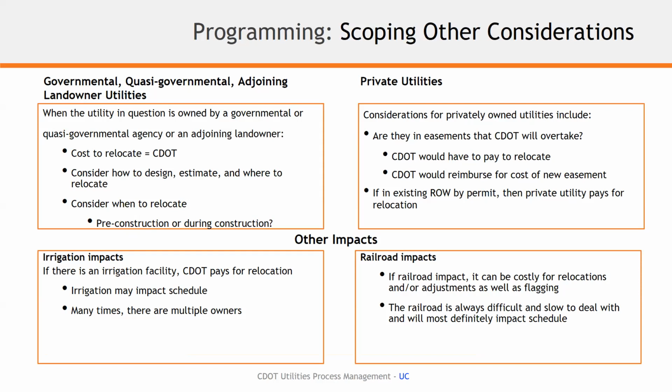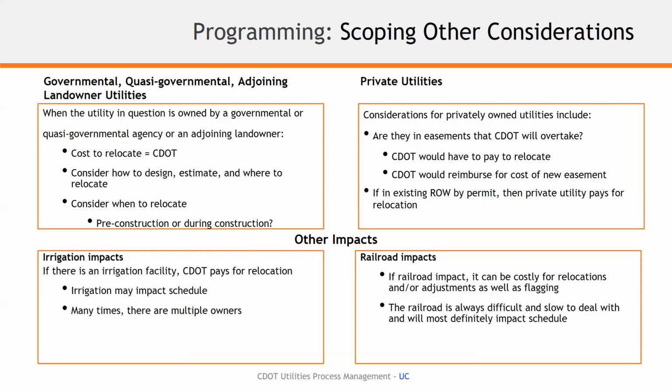Those considerations are definitely important, because depending on how our design unfolds, it could increase the cost of these relocations substantially. And so we want to make sure that it's known that there are these entities within a project and convey that from the utility coordination side to the project design team and everybody else involved.